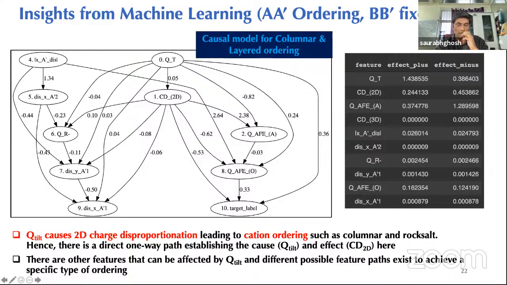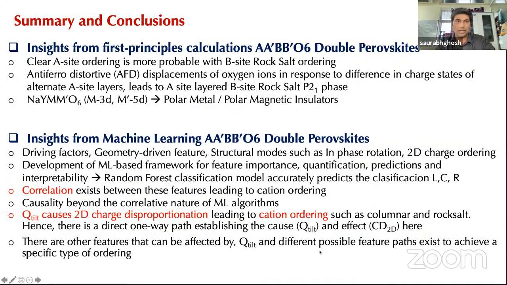So with that, I have to summarize the insights from the first principles. What we have found is that mainly 3d-5d systems are important for getting a clear A-site ordering.